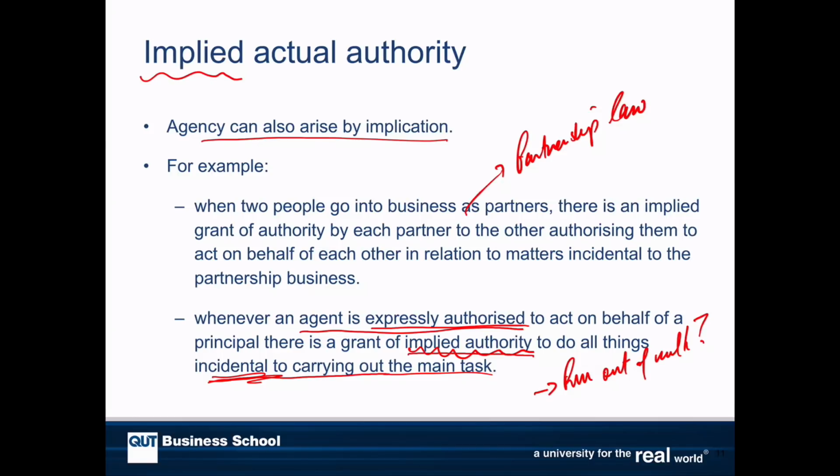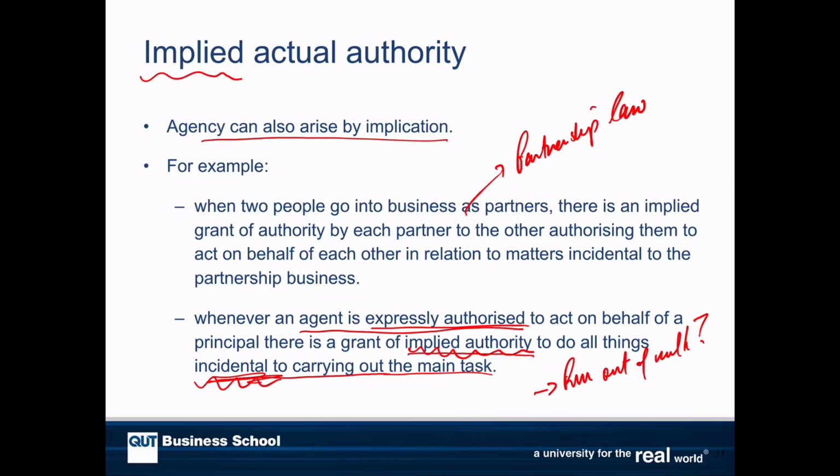A different example from our coffee shop might be, just imagine a salesperson came around and they were selling new $50,000 coffee machines. Now look, buying a new $50,000 coffee machine is not incidental to running the shop while the owner's not there.